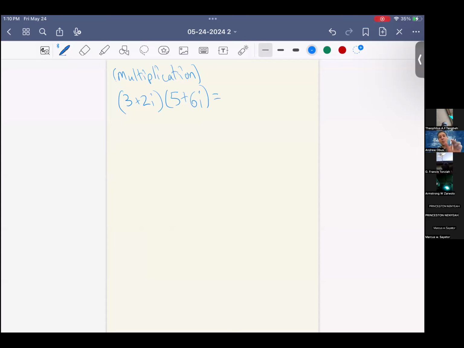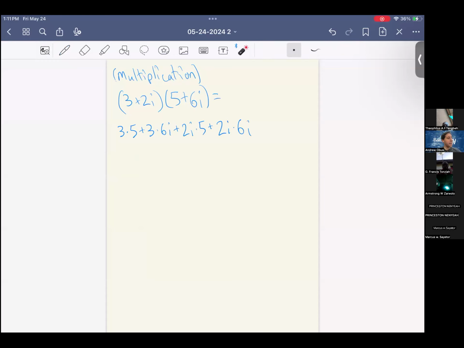You just have to take each pair of terms and multiply them together and then add everything up. This is exactly the way that you multiply using FOIL or the distributive law, or whatever you want to call it. So this is going to be 3 times 5 plus 3 times 6i plus 2i times 5 plus 2i times 6i, right?